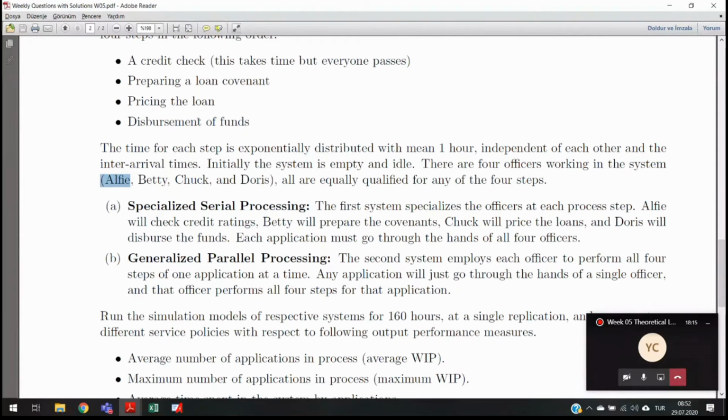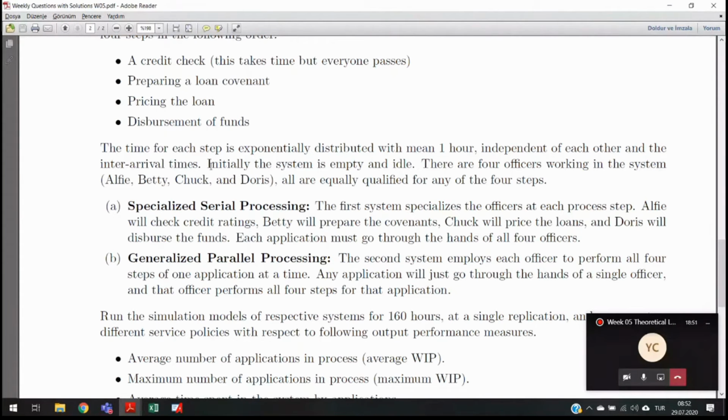So as a client, you are going to come to the loan application office, and when you find one of these 4 resources idle, either one of them, then you are going to go through these 4 steps sequentially again, but this time all together with the same officer. Okay, so if you find Doris, for example, idle, then Doris is going to help you through all these 4 processes. And so in this case, we have generalized parallel processing.